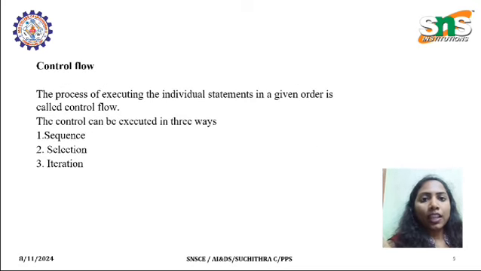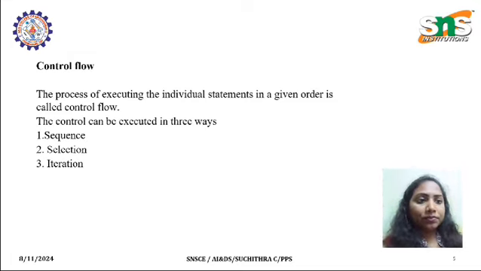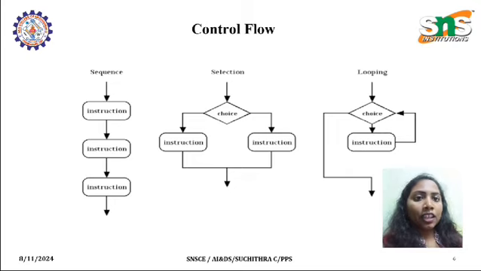Control flow. The process of executing the individual statements in a given order is called control flow. The control flow can be executed in three ways, that is sequence, selection and iteration. Here, sequence means we can take the flowchart as instruction, instruction and instruction.